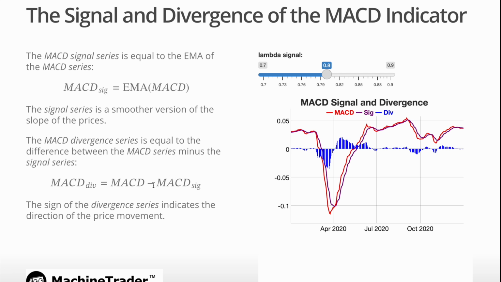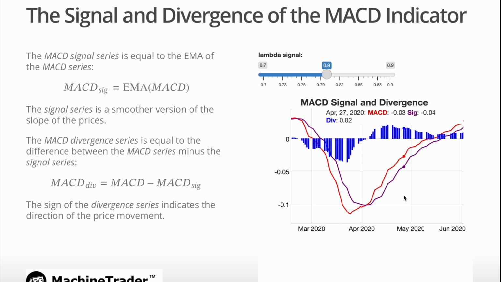And then there's, to improve the signal, we take the difference between the MACD series, MACD, minus the MACD signal. So here on the right panel, I've illustrated what happens. The red line is the MACD series, which is the difference of two moving averages.